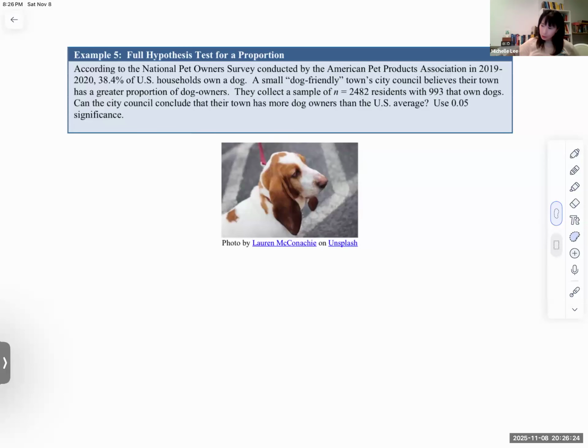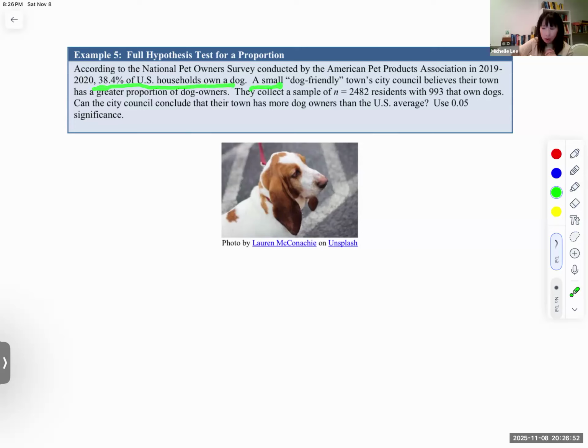Okay, so let us do this example, a real example, because the null hypothesis and the alternative hypothesis were given earlier, right? So we have to set it up in this case. Let's read. 38.4% of US households own a dog.